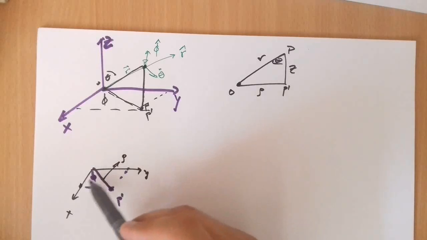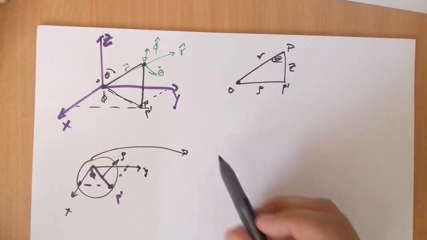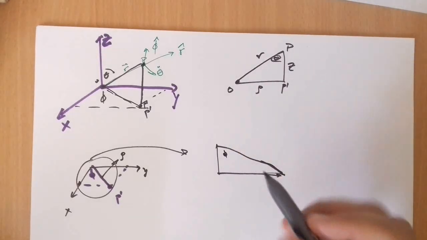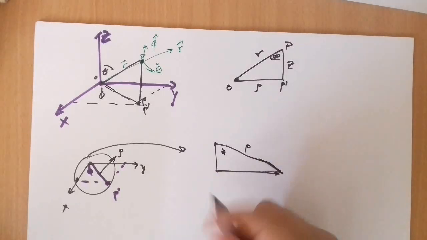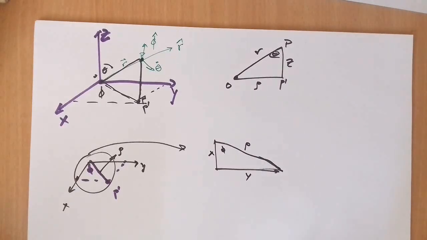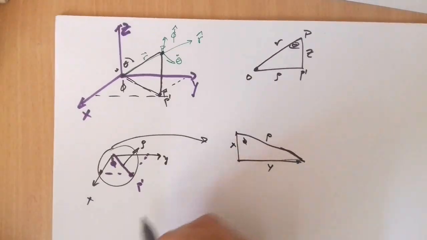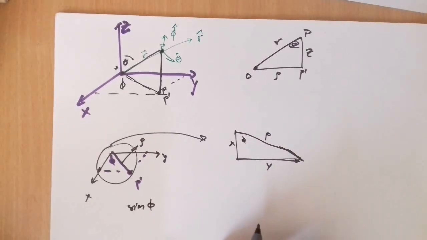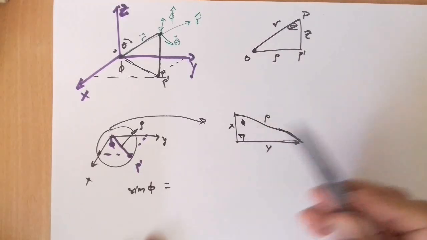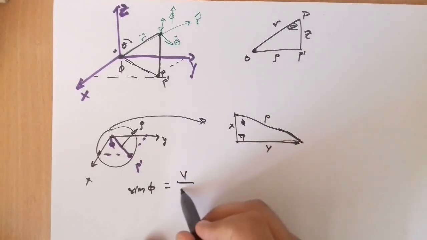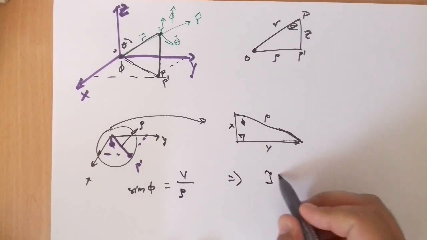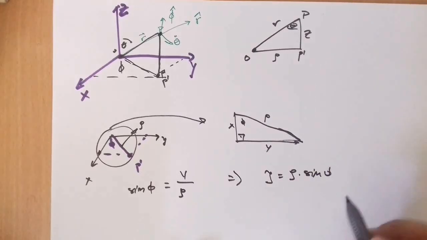And we can zoom in on this triangle, so this is phi, this is rho, this is X and Y. So sine of phi is equal to Y over rho, and only Y is rho times sine of phi.